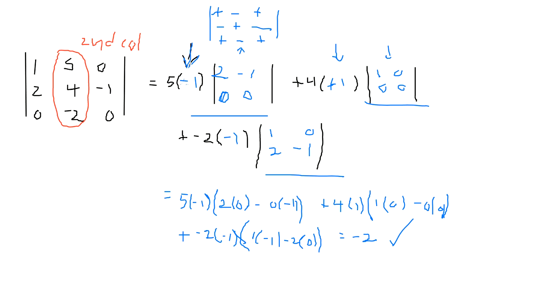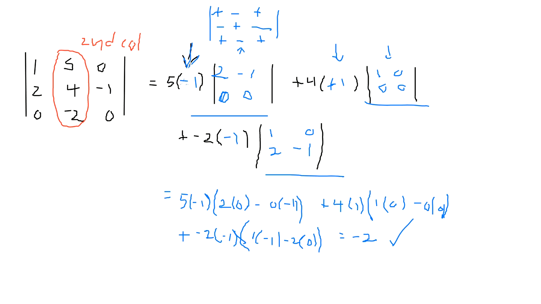Okay, Robin says row 3 or column 3. Why are you picking row 3 or column 3? That's right, Mikhail. And I'm sure Robin and Christy agree, the zeros.